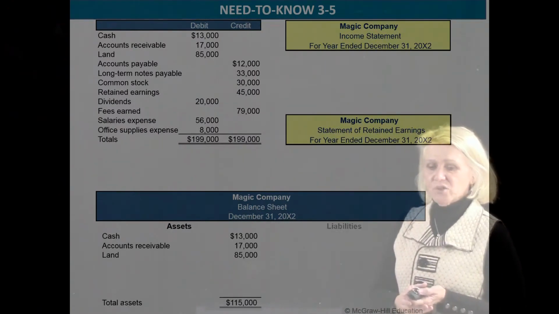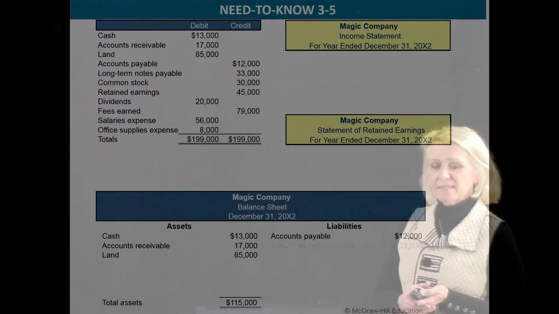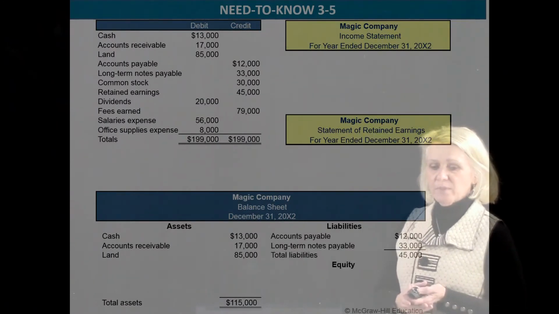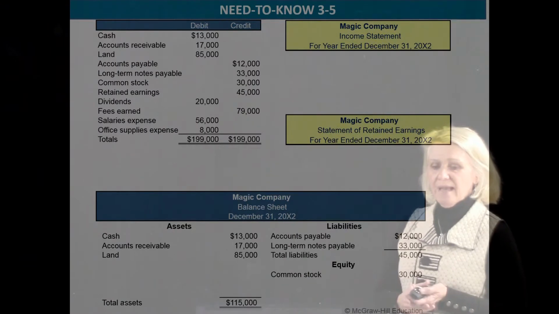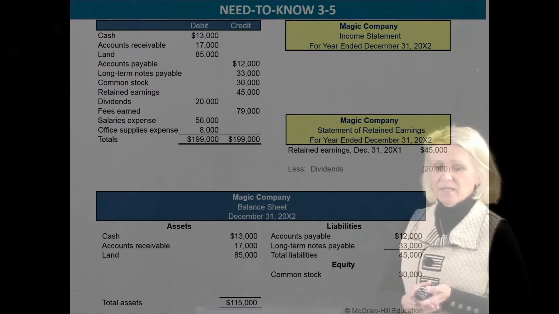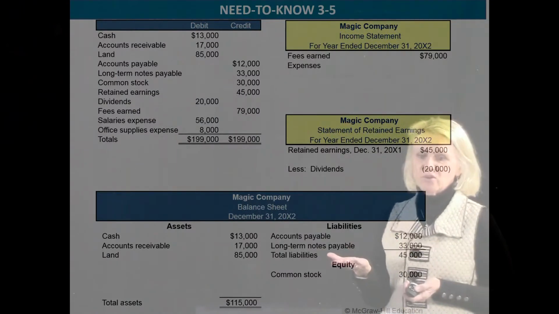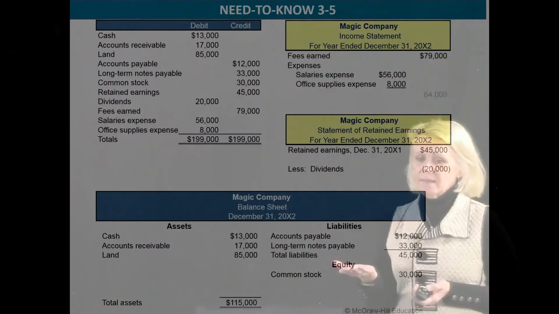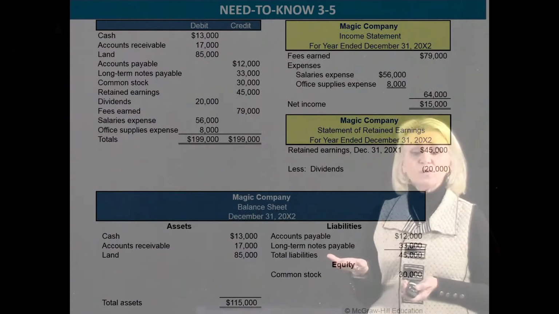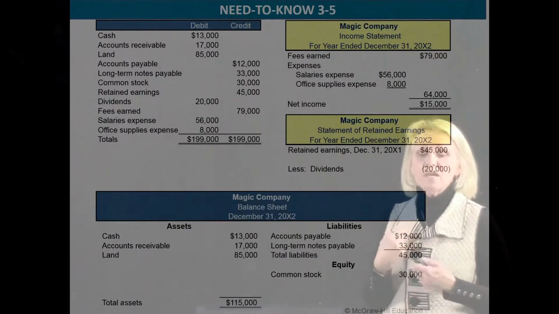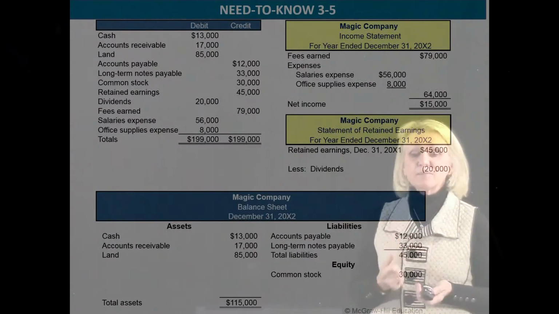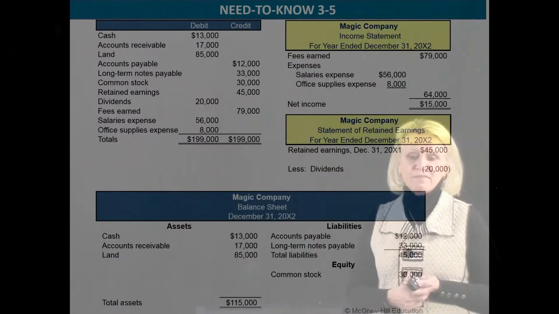We have the cash, total assets, we have liabilities, long-term notes payable, we have the common stock. So here's our income statement. Fees earned, expenses, equals a net income of $15,000. Our retained earnings on December 31st was $45,000.